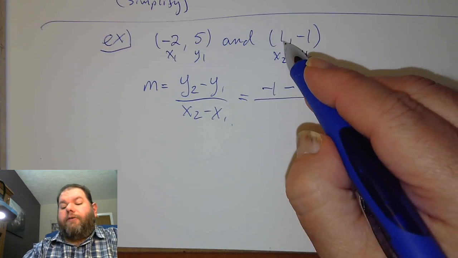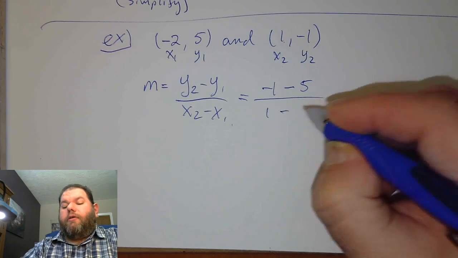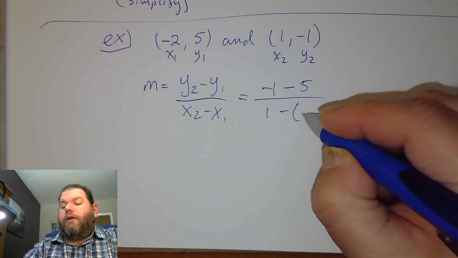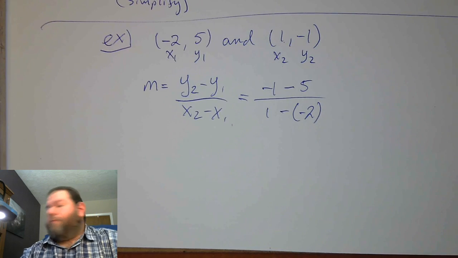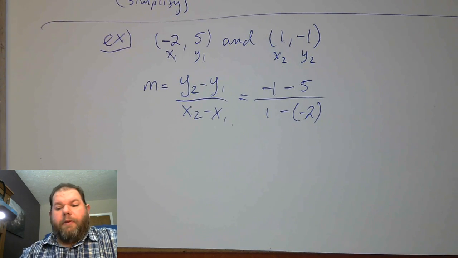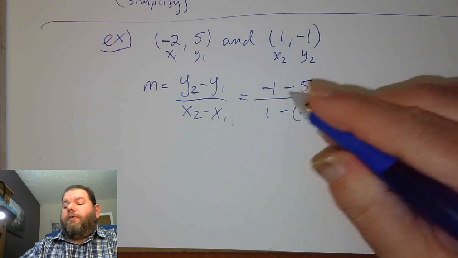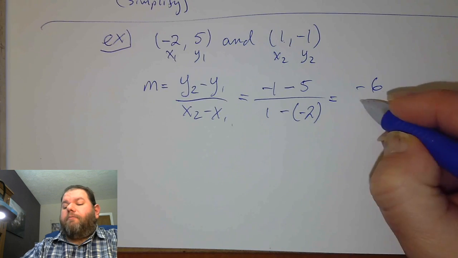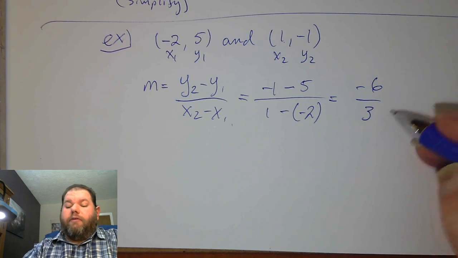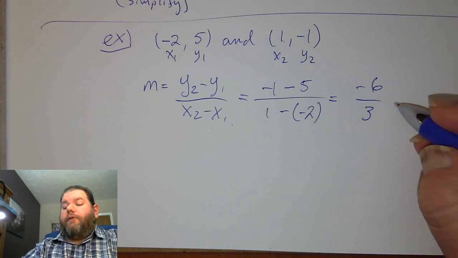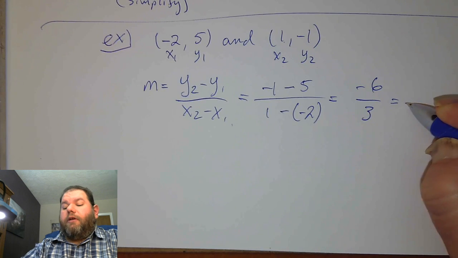On bottom, x2, 1, minus x1, -2. And we do want to be careful about our signs because that's going to make a difference. And so we end up with -6 on top, and 3 on bottom, and dividing, that gives us a slope of -2.